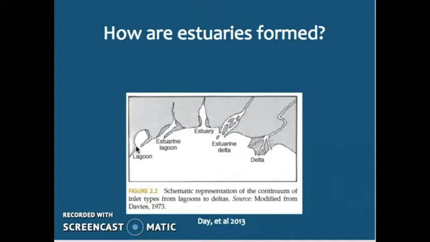So lagoons are sometimes created by wave action, so the waves will hit the shore and kind of create this little indentation area, and then eventually the sediment will wash away, but then sediment from downstream gets deposited here with river deltas when the sediment slows, creating a deltaic estuary.